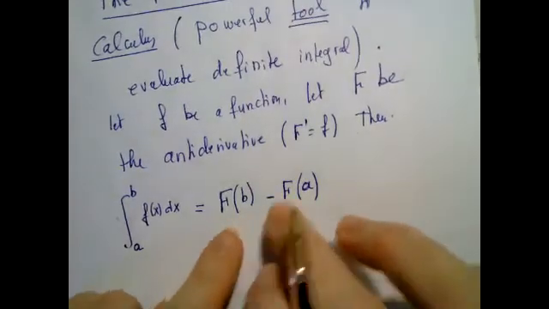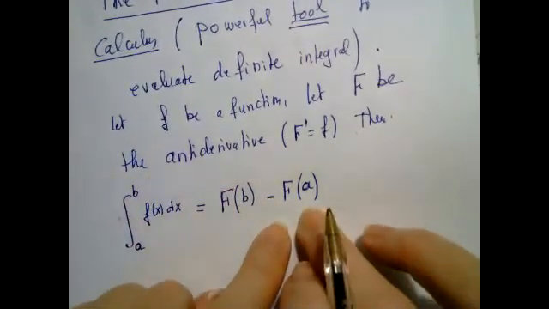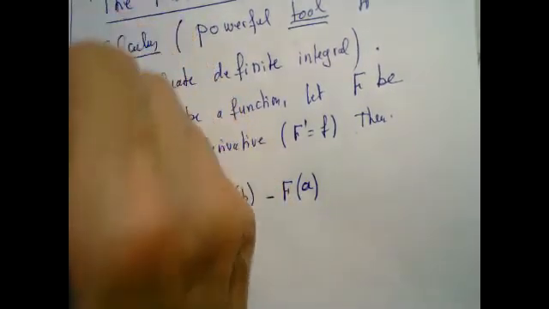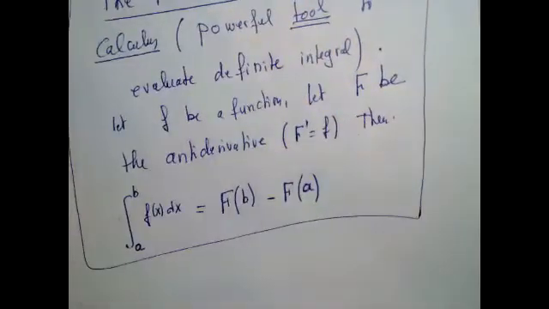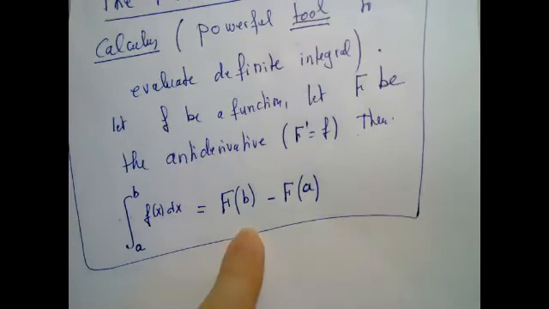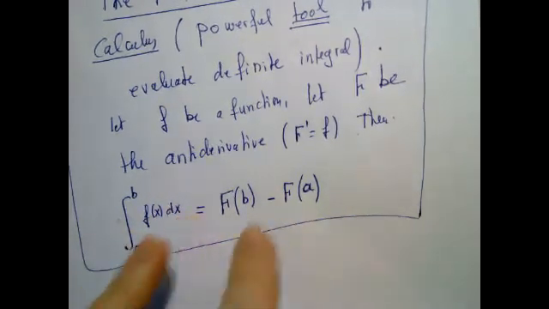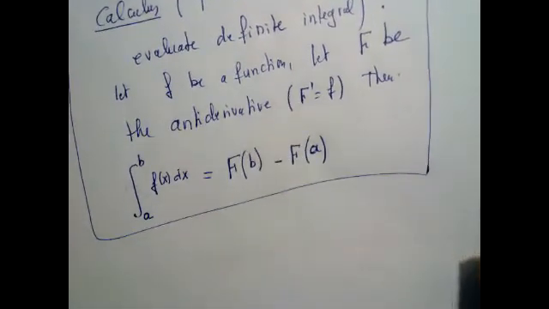Okay, so we find the antiderivative, we evaluate it at the upper limit, minus its value at the lower limit. As I said, it's called fundamental because it's a tremendously powerful tool to evaluate the definite integral. Later on, we'll talk a little bit about its meaning. But for now, I'm going to use it.